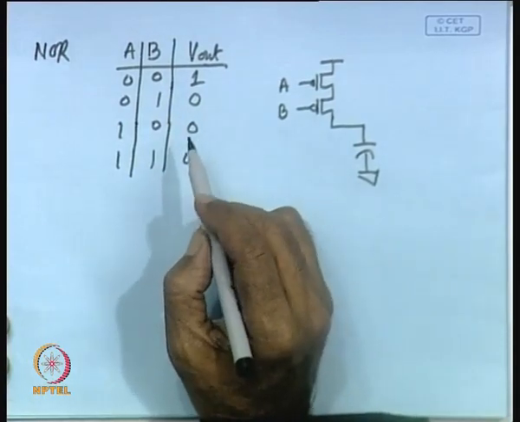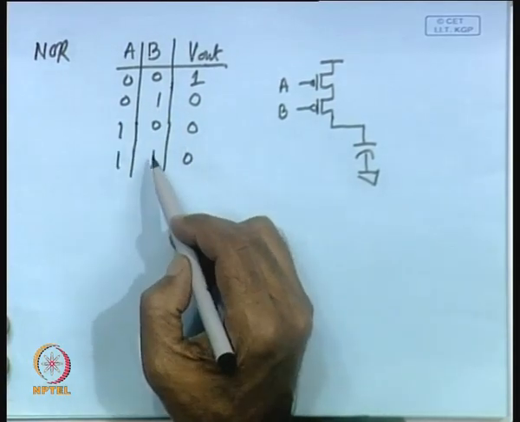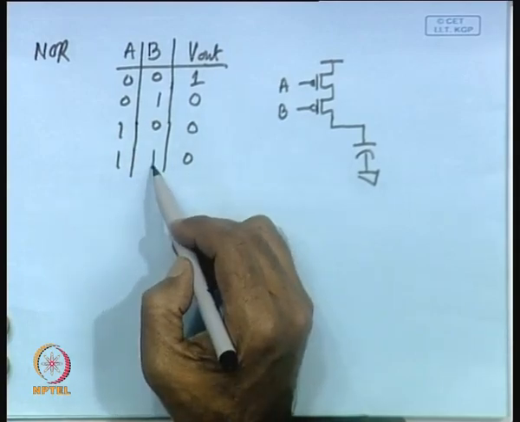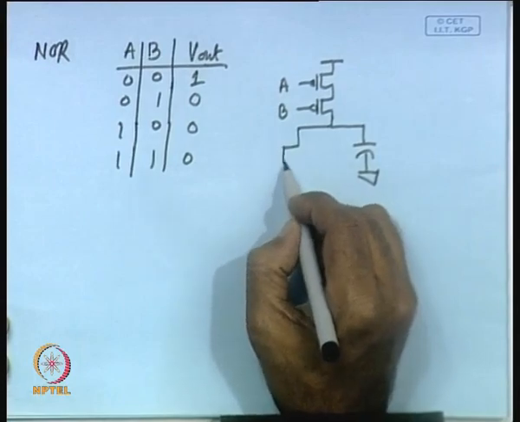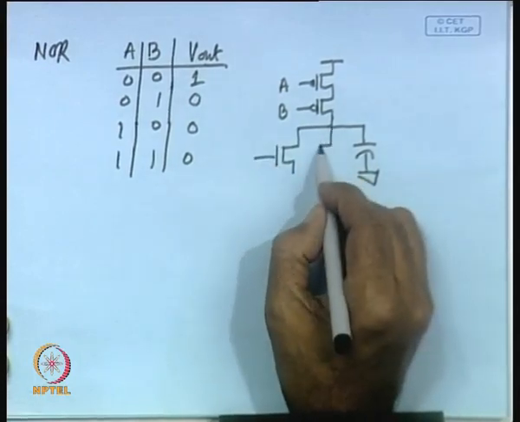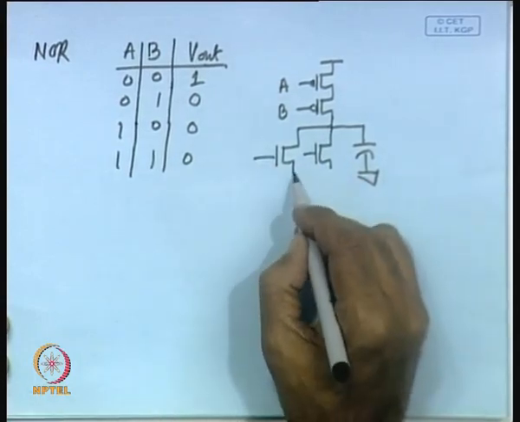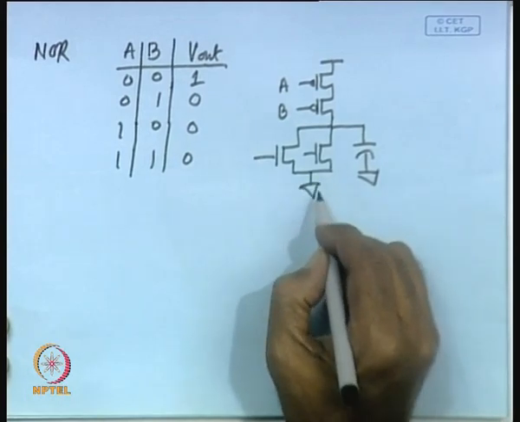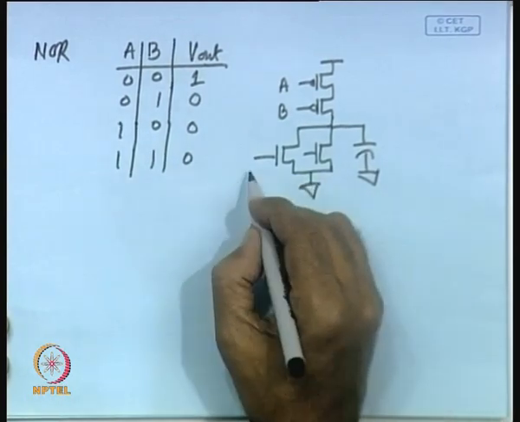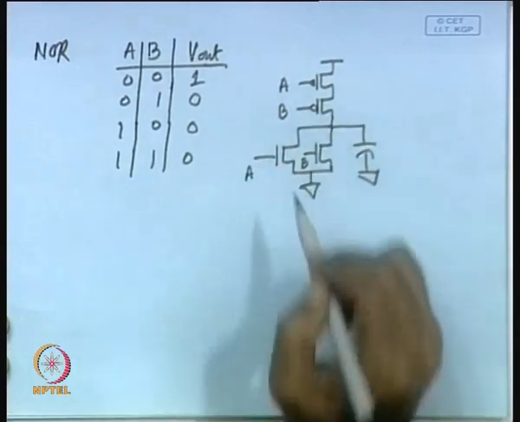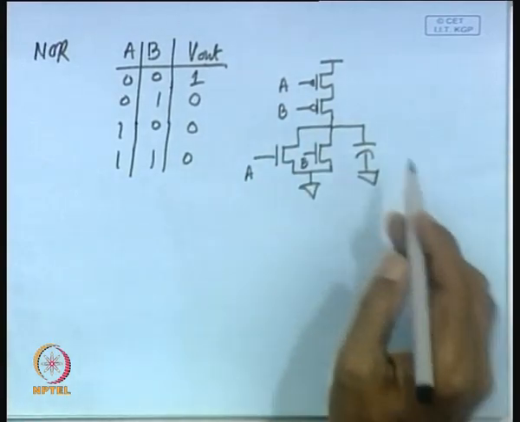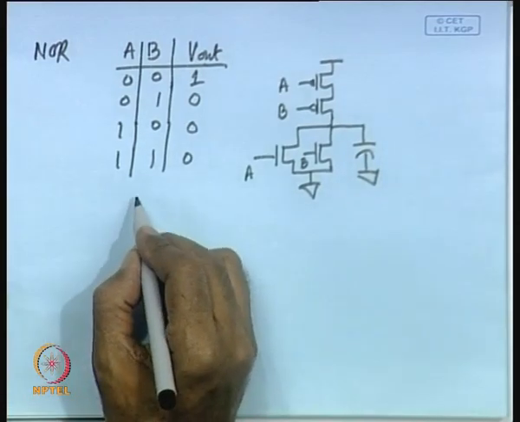As you can see, when any of the inputs is 1, then the output is 0. So, that can be very easily implemented by having two NMOS transistors in parallel and connecting the source of them to ground. So, here it is A and here it is B.